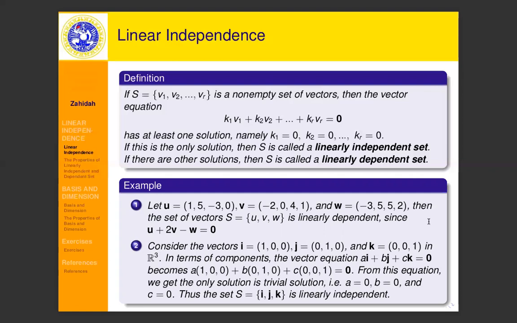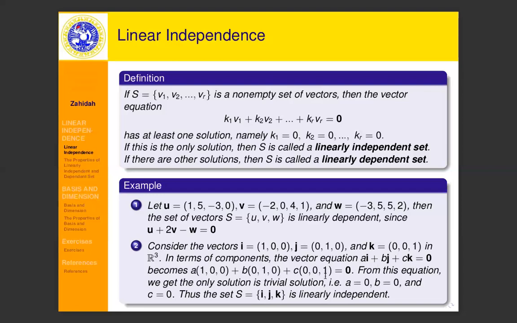Okay, the second example, we have I, J, K. Vector I is 1 0 0, J is 0 1 0, and K is 0 0 1. And then you arrange the equation here, aI plus bJ plus cK equals to 0 vector here.